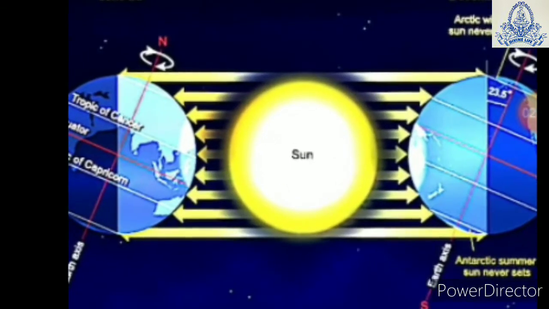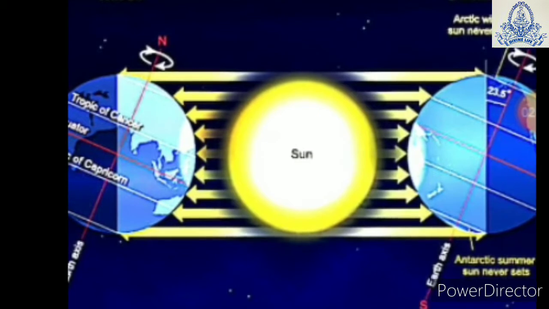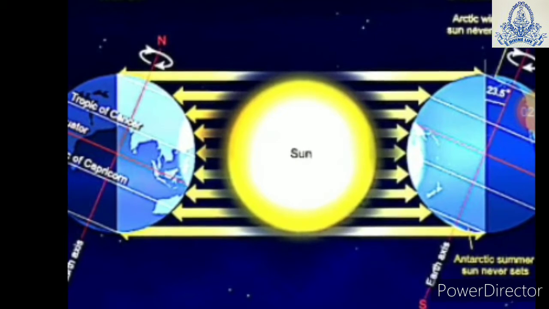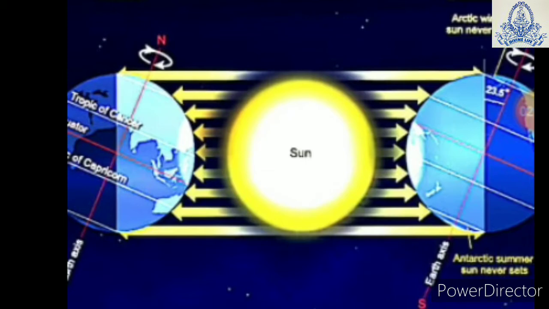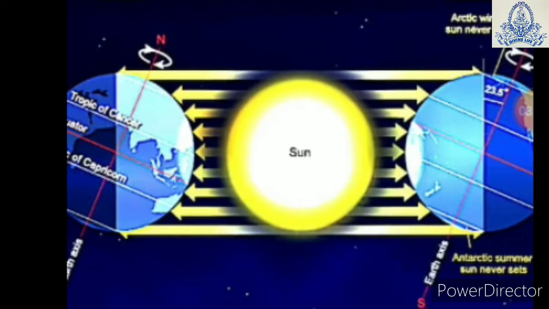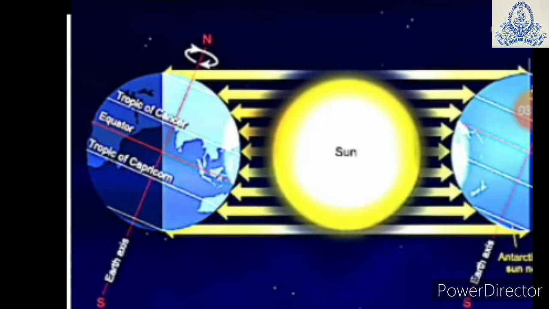In the next picture you can see here the first picture, the Tropic of Cancer becomes the center point when it is tilted towards the sun. That means the northern hemisphere is tilted toward the sun. At that time the Tropic of Cancer becomes the center point to receive the maximum heat. That means the northern hemisphere is getting more heat compared to the southern hemisphere.